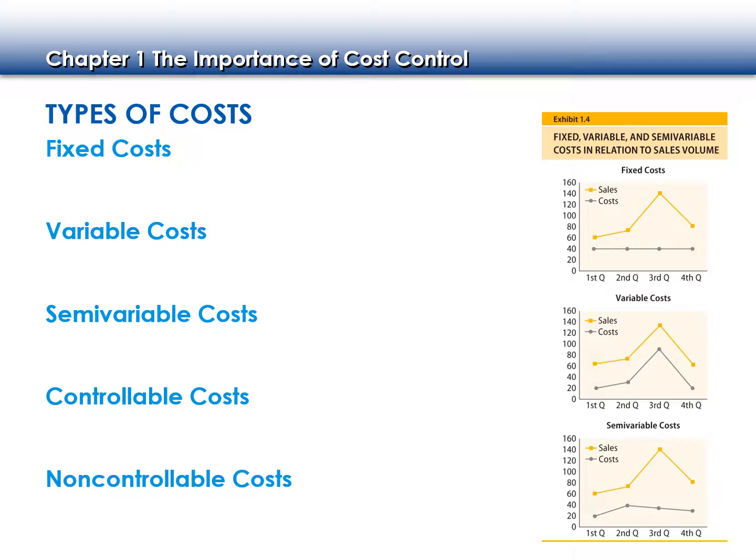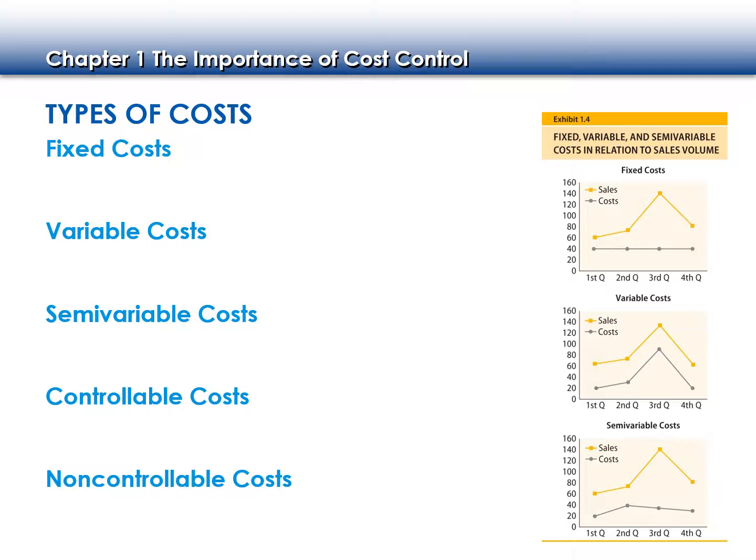Okay? The example of semi-variable costs is something where you see our sales are going up, so our costs are going up, but they do not go in direct proportion. Our costs are decreasing because our sales are decreasing, but it's not like a mirror image like the variable costs are.